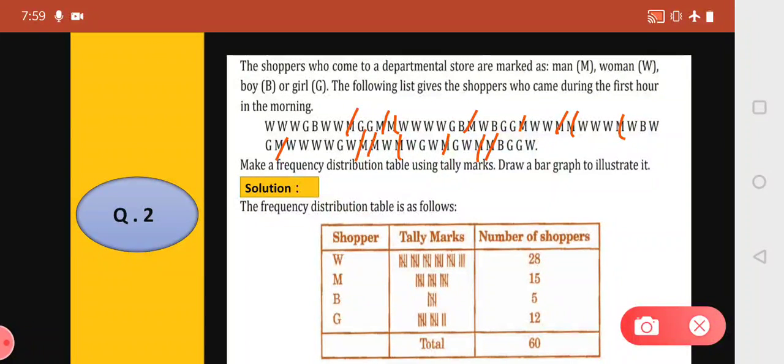Cross check that we are not missing any of the numbers, because if we miss, our frequency will not come out proper. Yes, it is 15. So again, for men, to represent the tally marks 15, you have to make 3 groups of 5. Here you can see 5, 10 and 15, and the number of shoppers as men is 15.